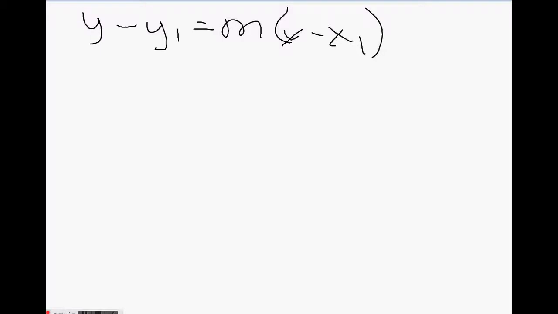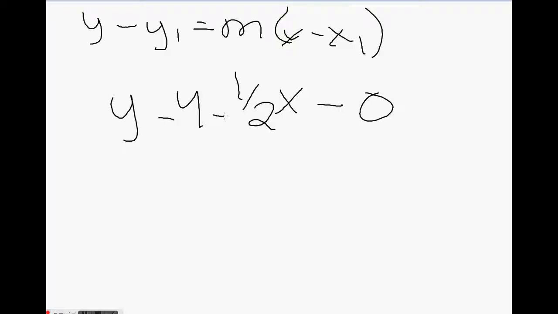The slope for the first one is given to us, which is 1. x1 in this case is 0, and y1 in this case is 4, equals that. Okay, done.